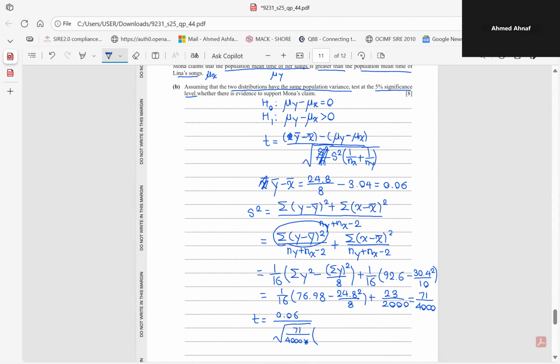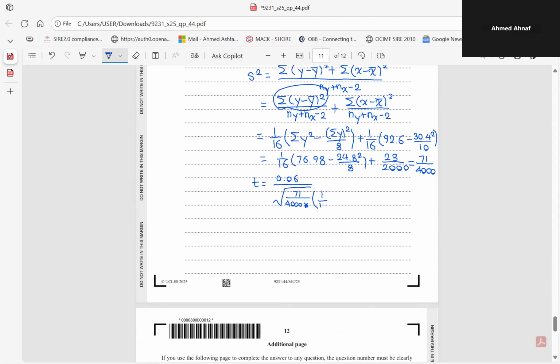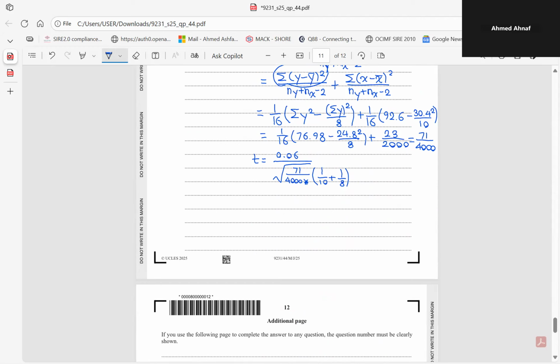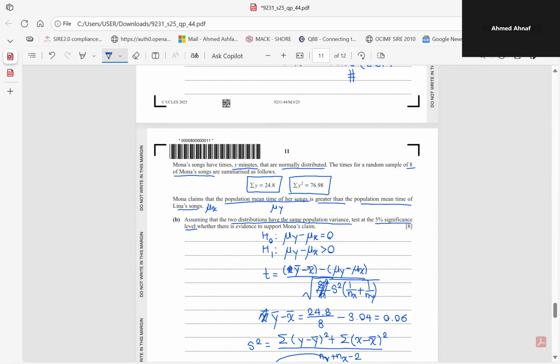So 1 over nx, that's 1 over 10, plus 1 over ny, that's 1 over 8. Yep. Okay, that's good. So just type into the calculator: 0.06 over 71 over 4000 times 1 over 10 plus 1 over 8. You'll get 0.94923, and so on.